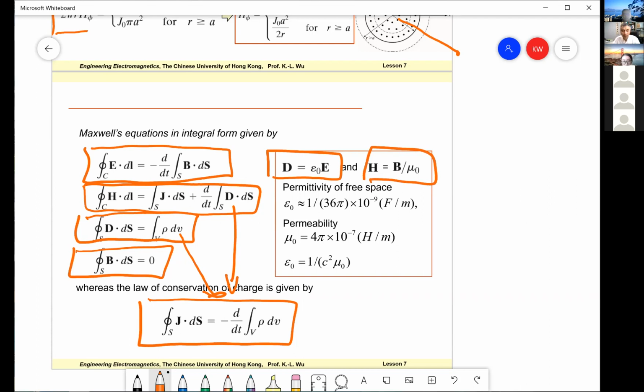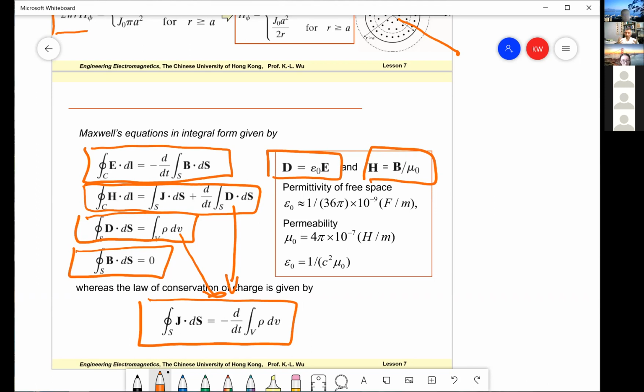Both the electric field and the magnetic field have a flux variable and a field intensity variable. Not surprising. For the electric field, we have the flux D, and the field intensity E. For the magnetic field, the flux is B, and the field intensity is H.